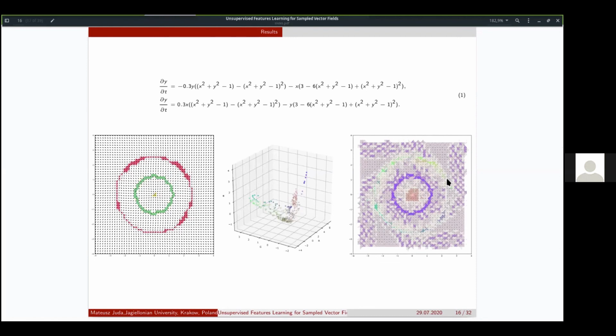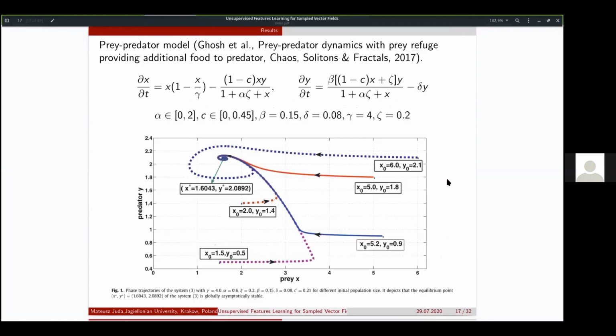Okay, so in that example, I took only one vector field. I produced the embedding, and I analyzed the space according to the embedding. But let me do something more complicated.